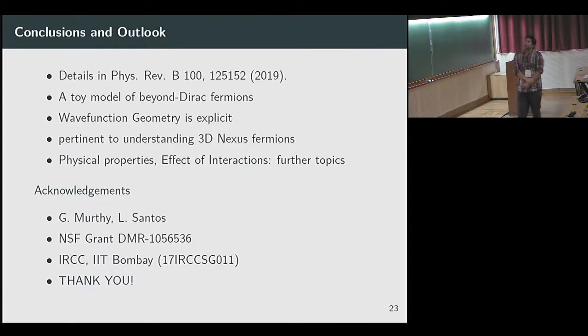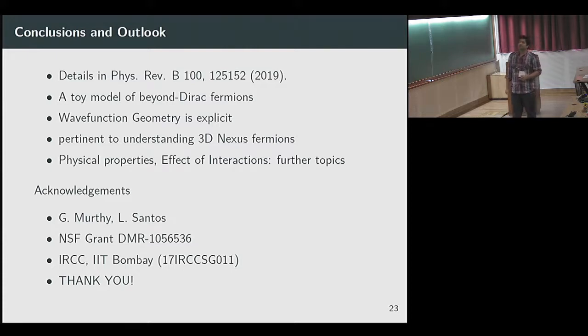With that, I come to my conclusions. The details are in this paper, except for this non-abelian part. We saw a toy model way of understanding what can be called beyond-Dirac fermions. The utility of this model is that I can make the geometry of these wave functions explicit.